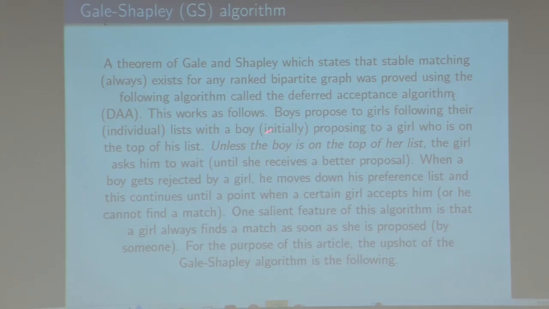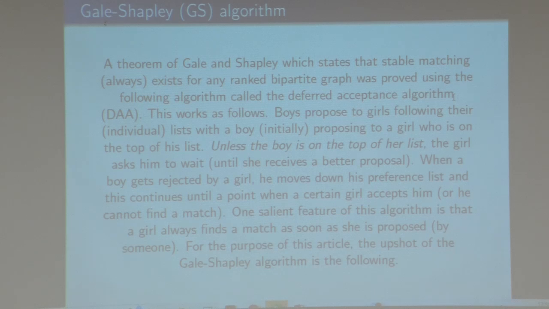So the algorithm is pretty simple. The boy looks at his preference list, and whichever girl is at the top of his list, he goes and proposes to her. What may happen is the girl, initially, just asks him to wait, and if she receives a better proposal, then she rejects the boy, he goes down his list to number 2, and this continues.